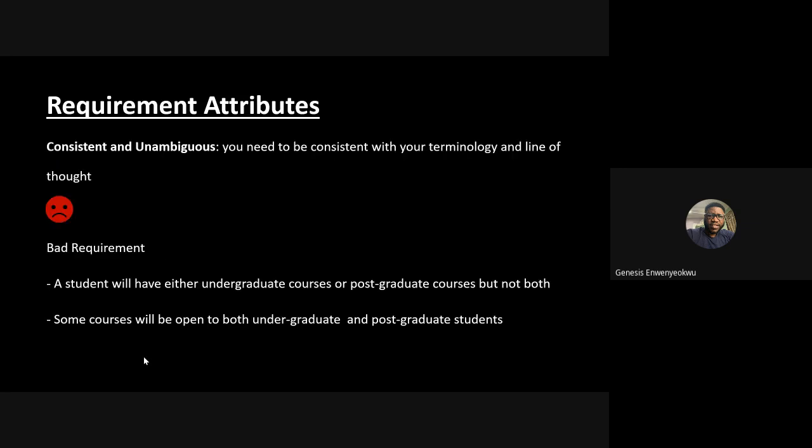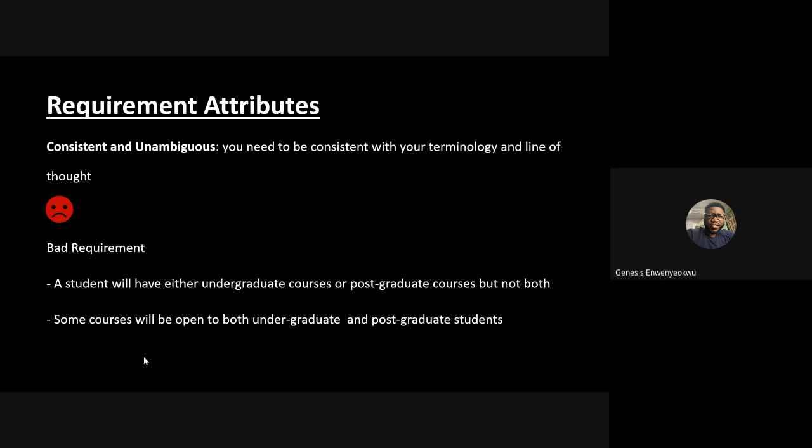And then the next one is that your requirement should be consistent and unambiguous. When you create ambiguity to your stakeholders, you are creating a very big problem because you're making room for assumption and you're making room for confusion as well.